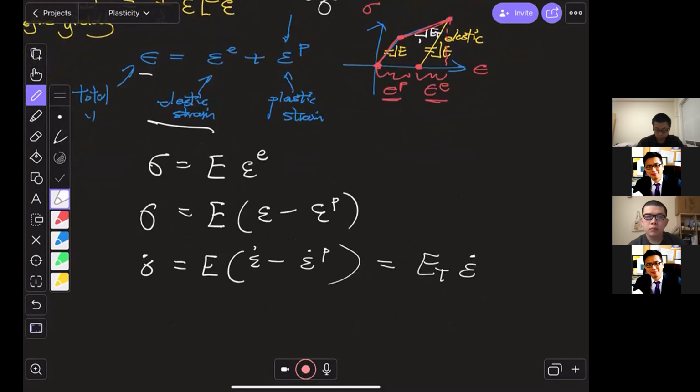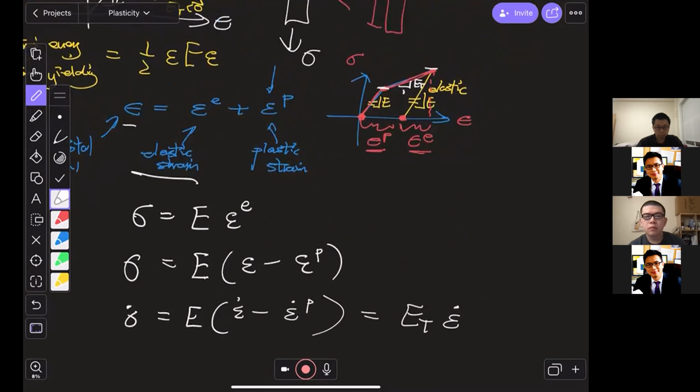Now, one thing that I want to introduce is what happens from here to here. This is called hardening, and what essentially happens is that when the material is yielding, you reach the yielding stress. From here to here, the material is always yielding, which means that the stress is always equal to the yielding stress.